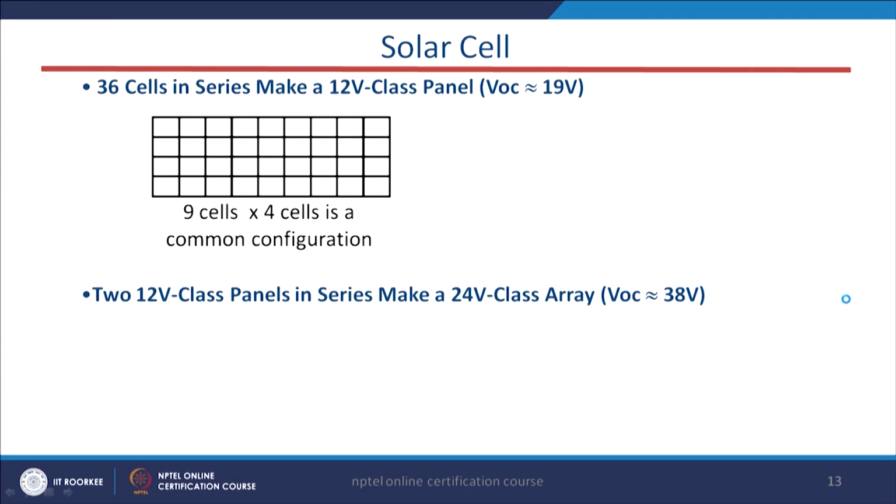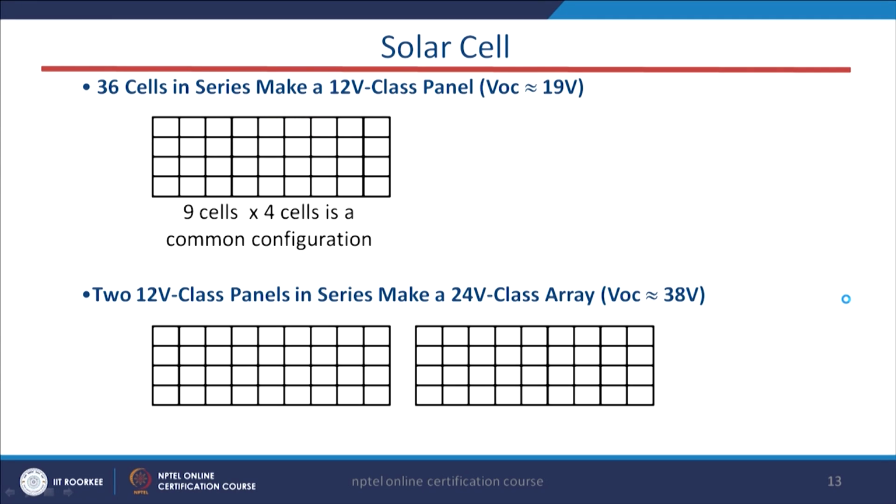Now, I have taken one cell structure, basically the array structure. If you see here, 36 cells in series: in this structure we have used 36 cells, and from this structure we will get 12 volt as the output voltage.